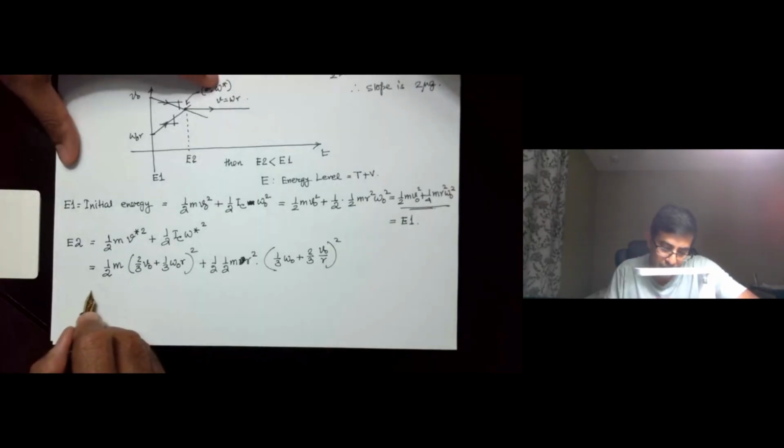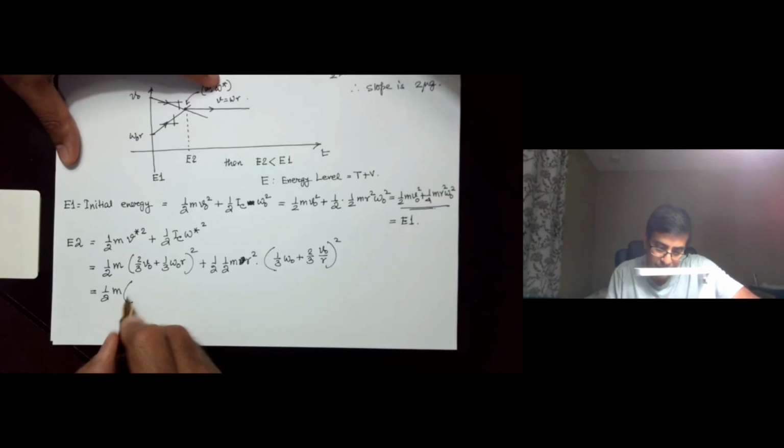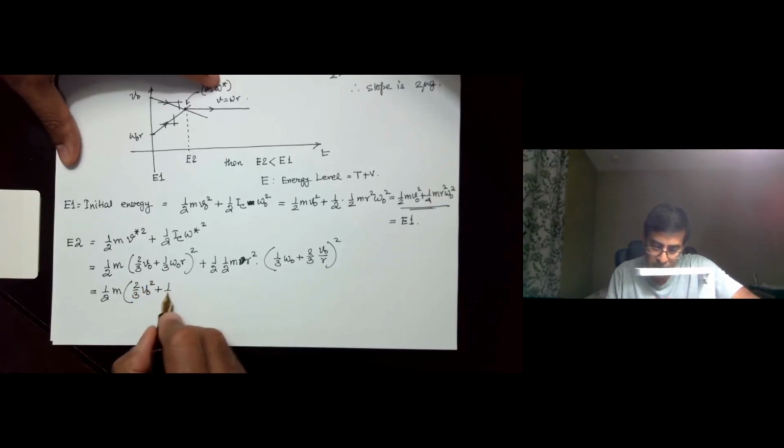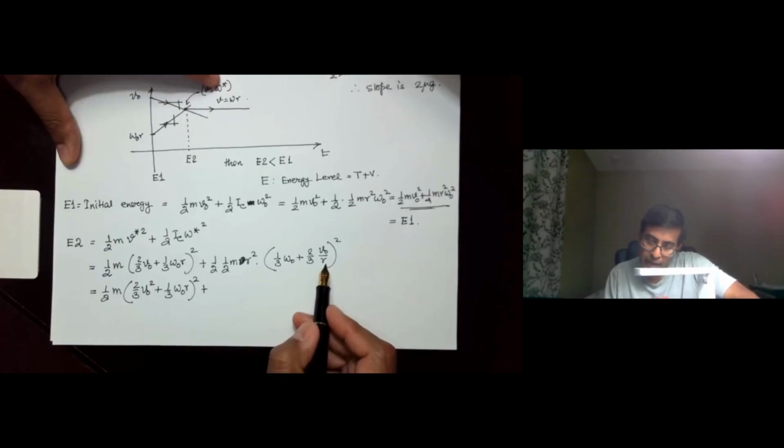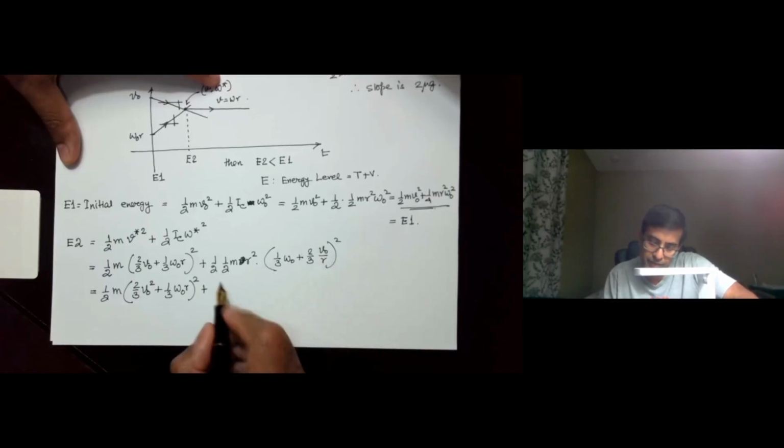Alright, so we have half m times 2/3 V naught plus 1/3 omega naught r whole squared, plus I'm going to factor out r squared from this expression, and I'll have 1/4 m.